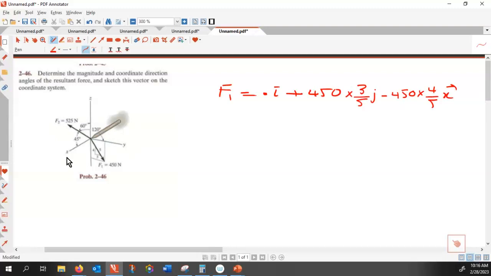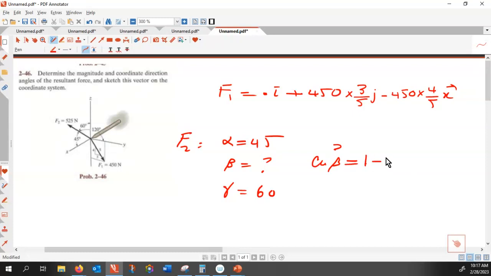How do I do F2? Let me see if I have all the direction cosines. The angle with x is given, with z is given, but with y is not given. So for F2 direction cosine, alpha is 45, beta we have to find, and gamma is 60. So cos beta squared is equal to 1 minus cos 45 squared minus cos 60 squared.